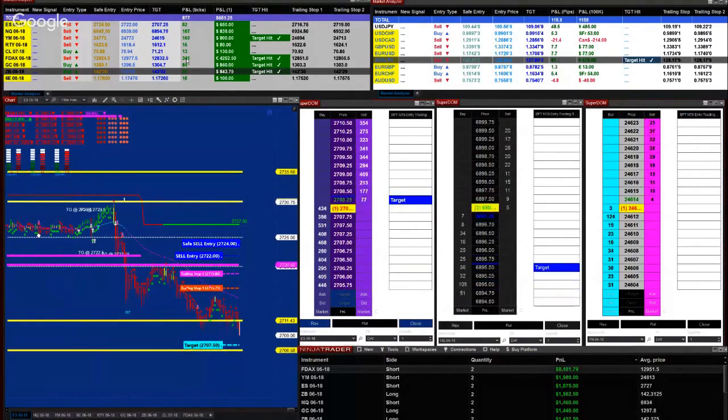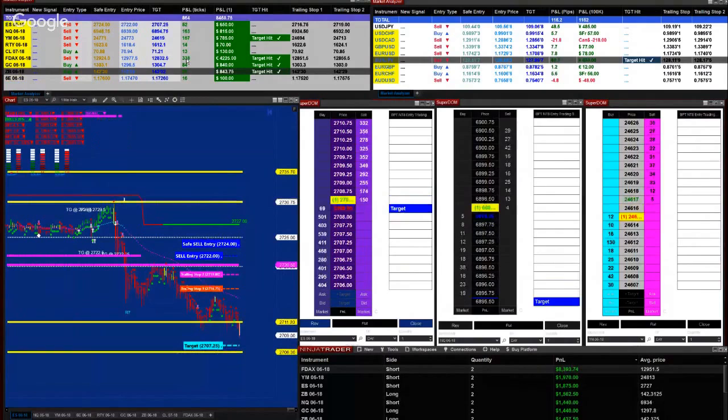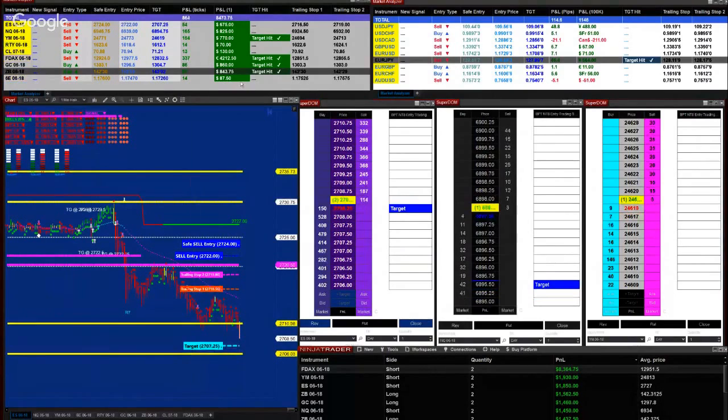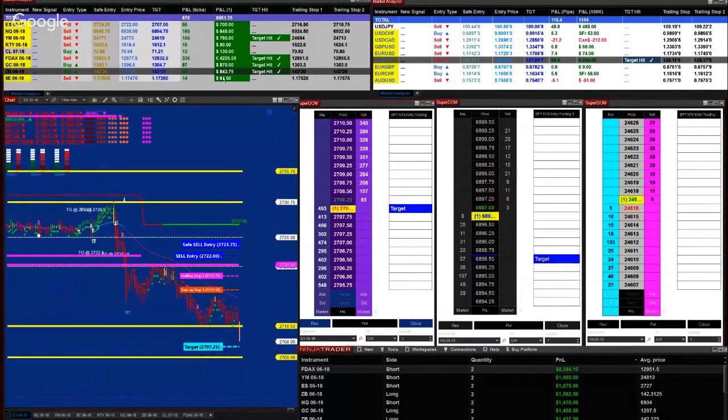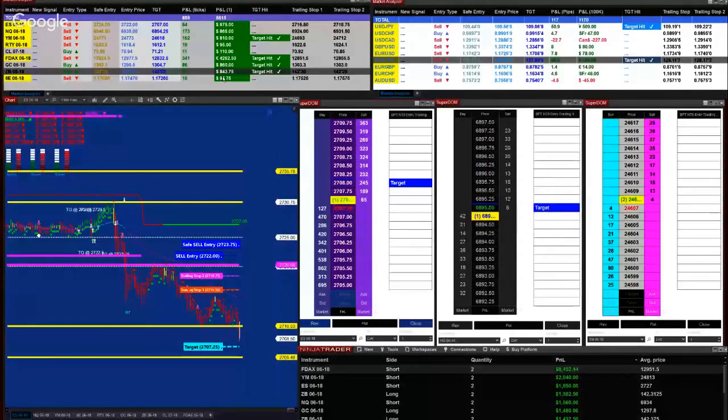Oh boy, it's hammering. Oh boy, I love it. I love it. And then 87.50 on the 6E. Actually, as I remember, we just had a new signal on the 6E. Oh boy.